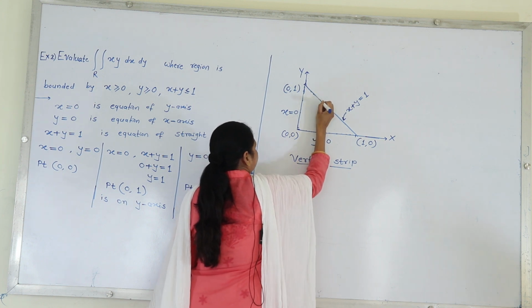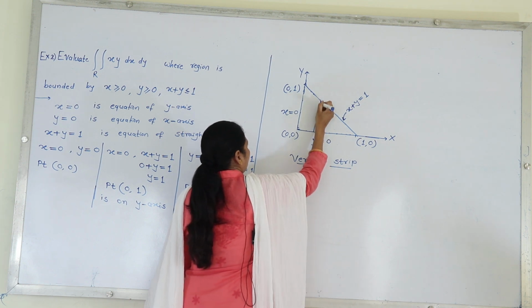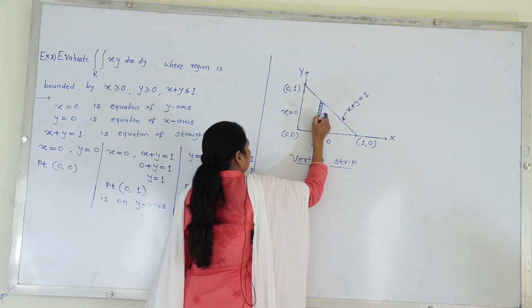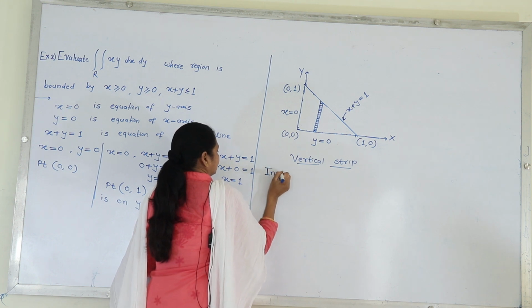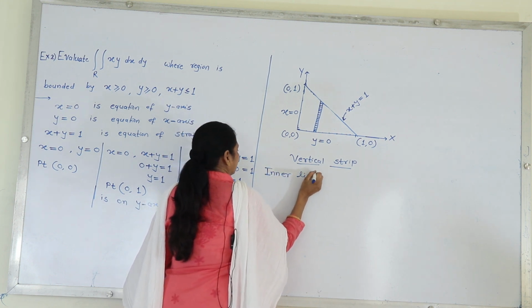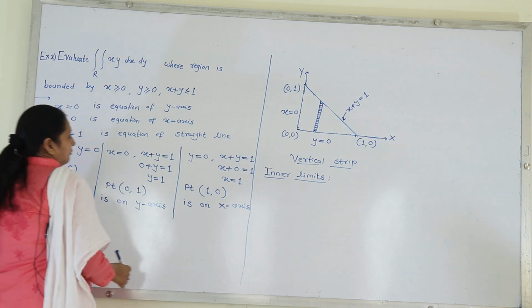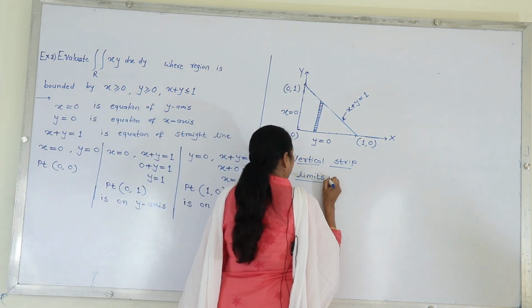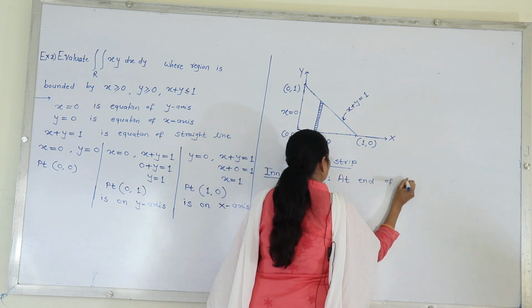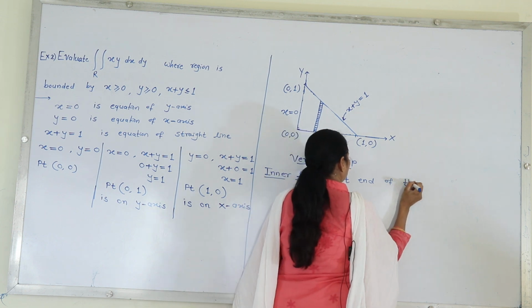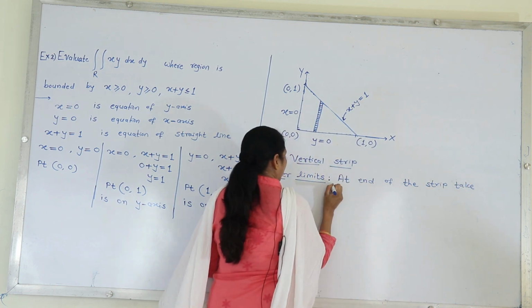For a vertical strip, for the inner limits, at the ends of the strip, we have to take values of y.